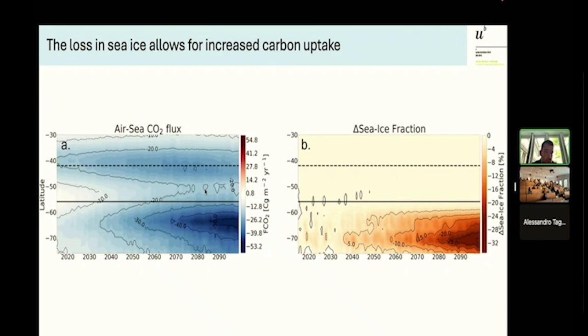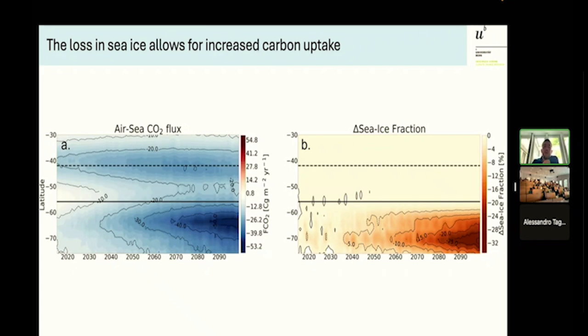But if we go into the future, it all increases, but most of the increase really happens here. And a large part of this increase is associated with the loss of sea ice fraction, which you see here. So you see how much the sea ice is changing, and here there's really a huge loss of sea ice that coincides with the amount of carbon that is taken up by the ocean in this region.